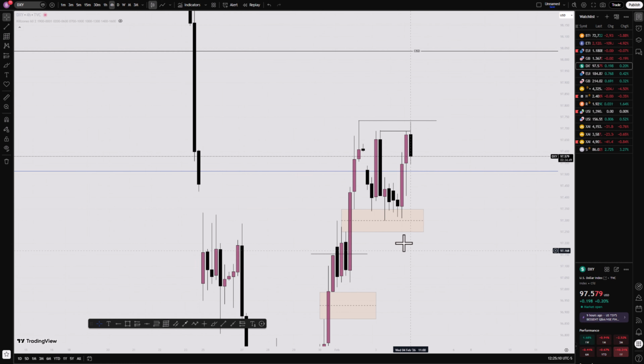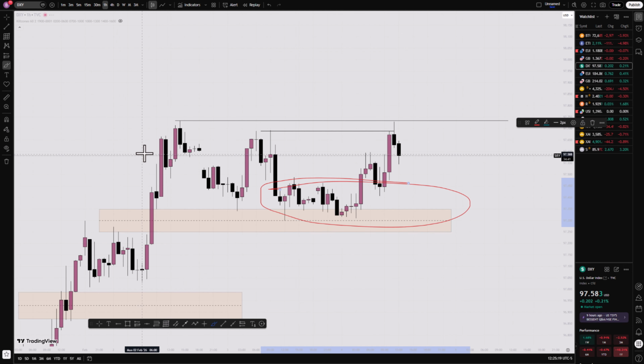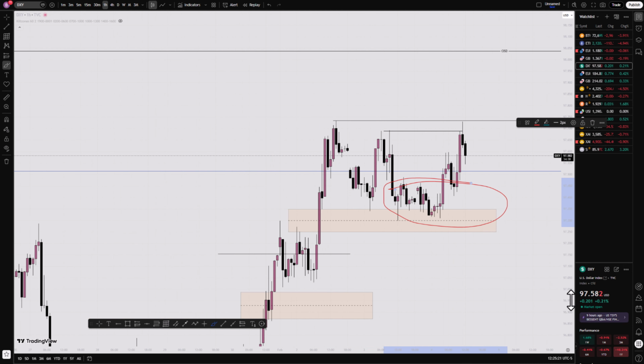But now, how do you know that price is going to sell at this level? It's simple. We need a market structure shift here. So let's go to the 1 hour time frame to identify a market structure shift.